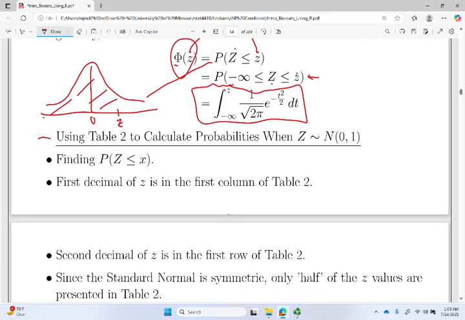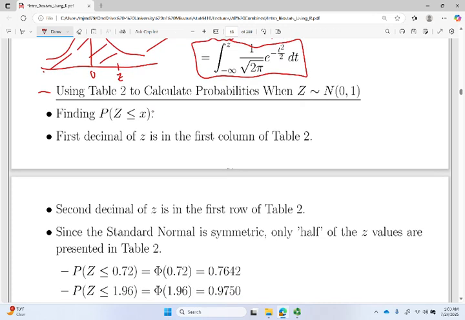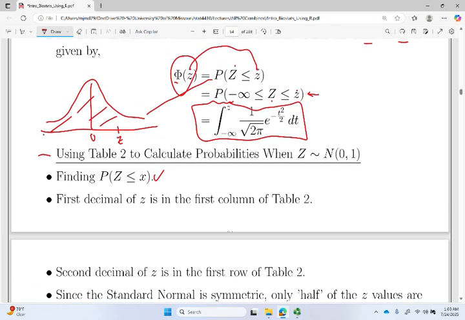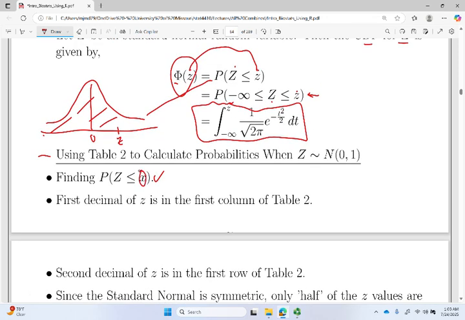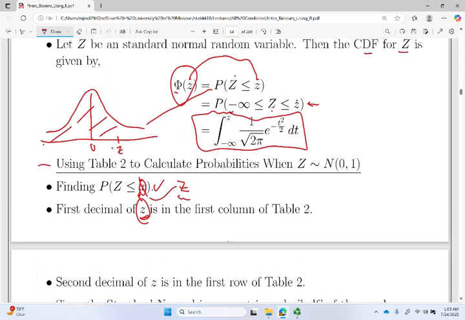Now let's use table 2. It's actually a page down to find this cumulative CDF function. Now, in the table, the first column, I should probably replace that with a Z. This value goes here. The first decimal of this value, so this could be 1.67.